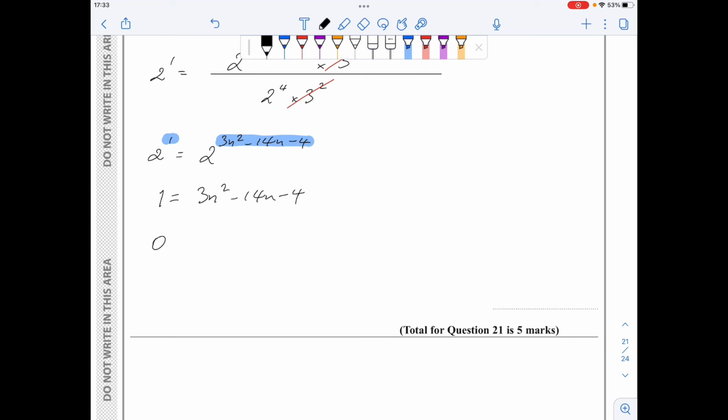This is a quadratic. I'll get everything on one side, and then I'll factorize: (3n + 1)(n - 5). Hence, n is equal to minus 1/3, or n equals 5, and these are my two answers.